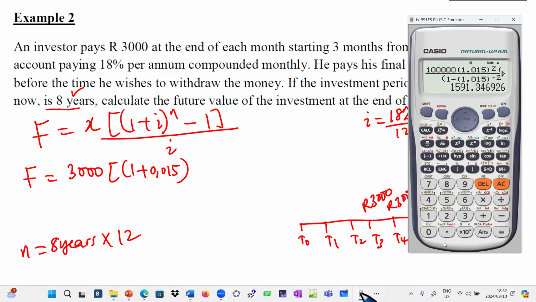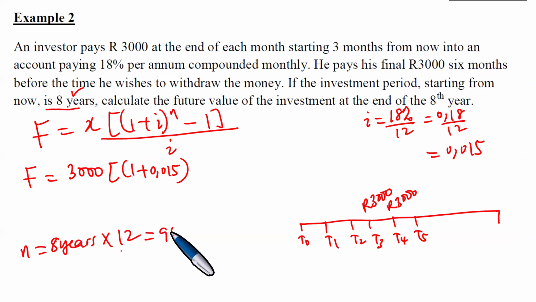So you have 8 by 12, which will give us exactly 96 months.